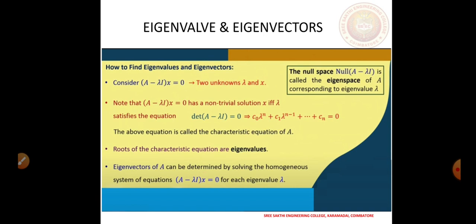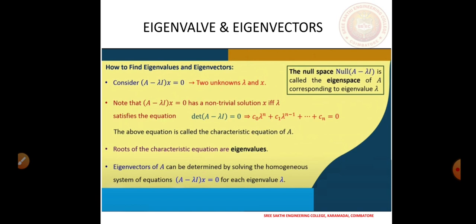Once we have the lambdas here, then we have this equation A minus lambda I x equal to 0, and for each lambda we can find the solutions of A minus lambda I x equal to 0.